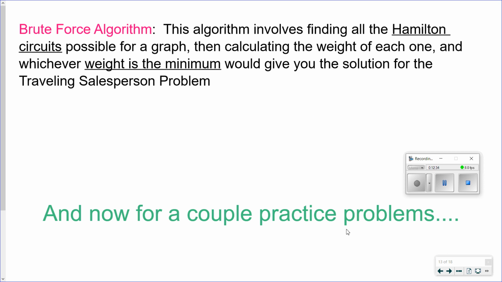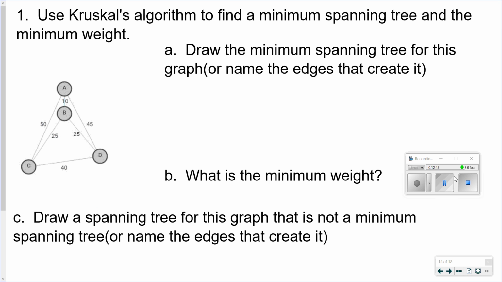Now I just have a couple practice problems that I want you to try. I included them in this video, but they're on Schoology. Actually, I didn't put the pictures in Schoology, I just put the questions there. So you will need to pause the video and look at the pictures I have included here.